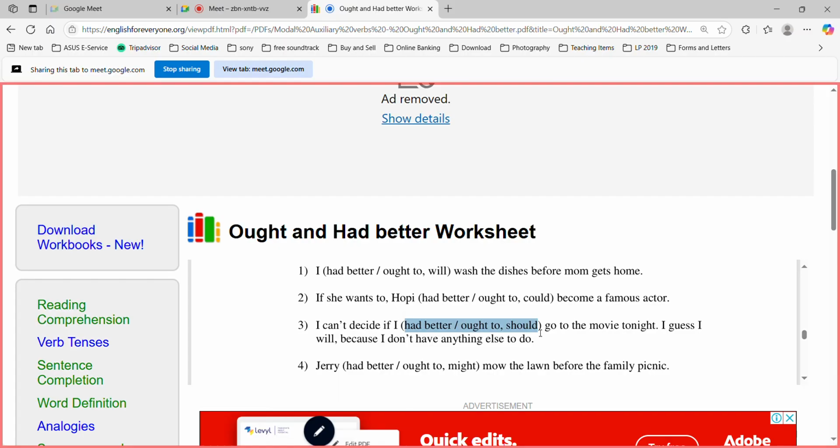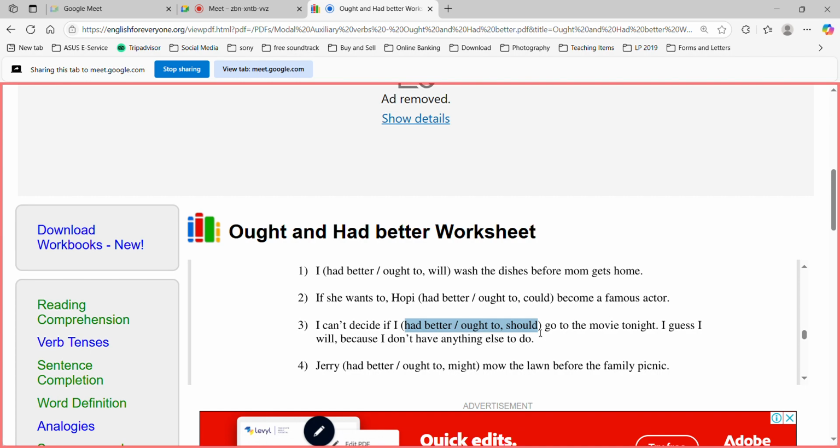Why? One, this is an informal tone, not an obligatory tone like you must go, you must do that. No. This is her decision. If she wants to go, she goes. If she doesn't want to go, that's it. I can't decide if I should go to the movie tonight.